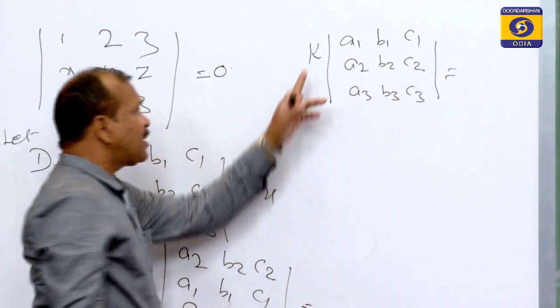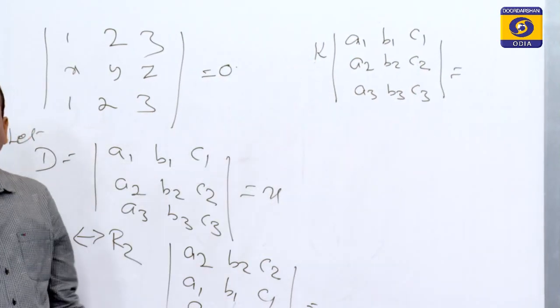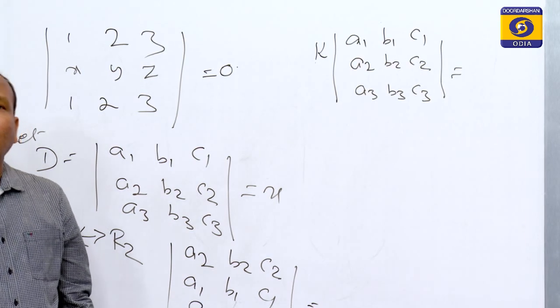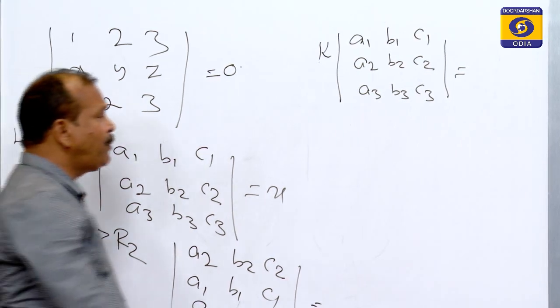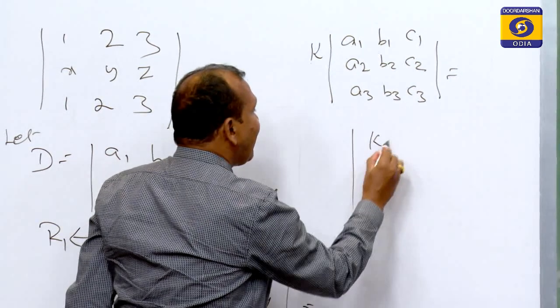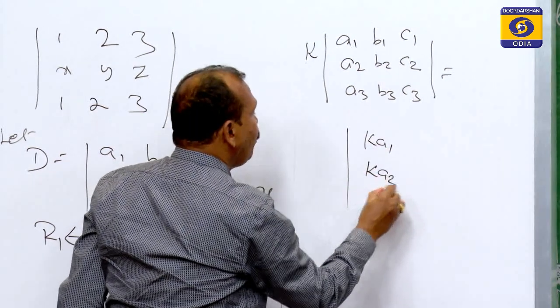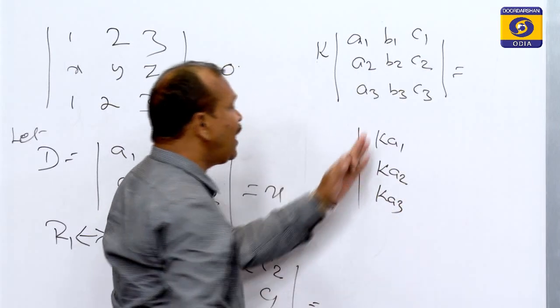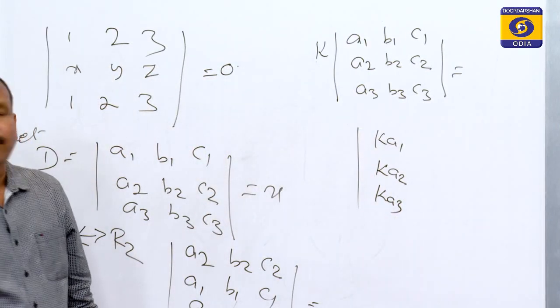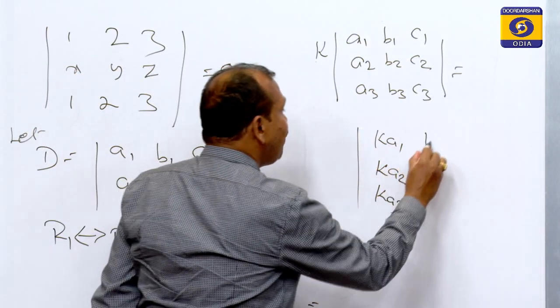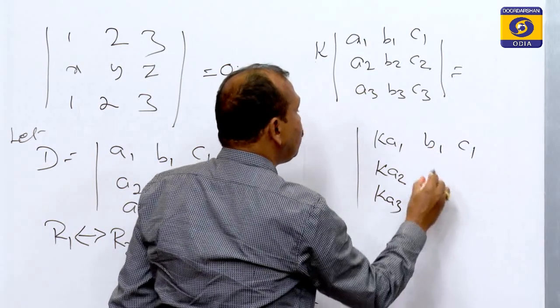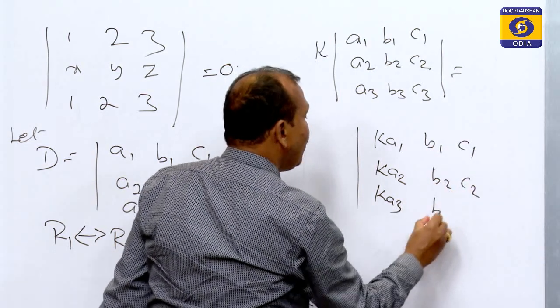Then this constant k is multiplied in any one of the rows or columns. That becomes kA1, kA2, kA3. Here k is multiplied in the first column and the remaining elements remain unchanged: B1, C1, B2, C2, B3, C3.